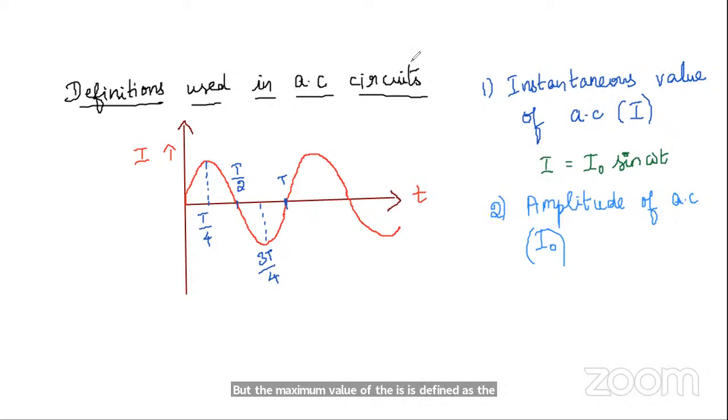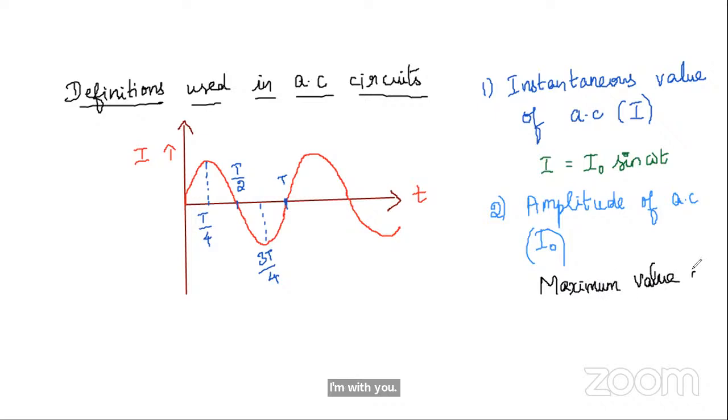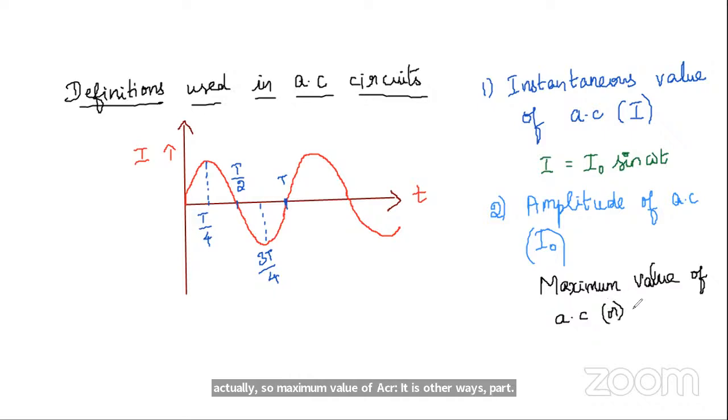The maximum value of AC current is known as the amplitude, otherwise called the peak value.